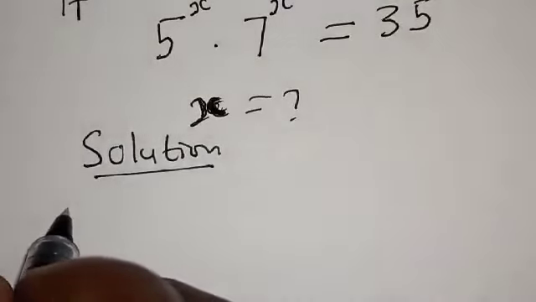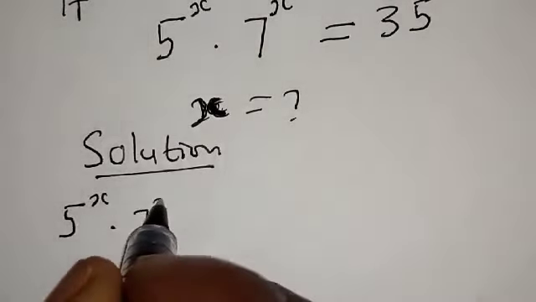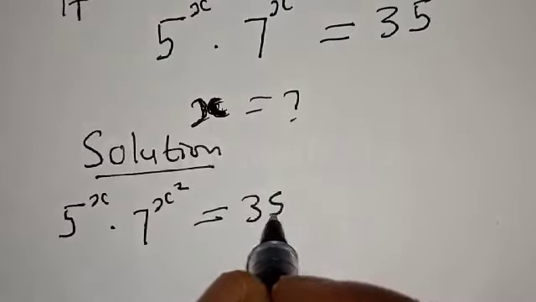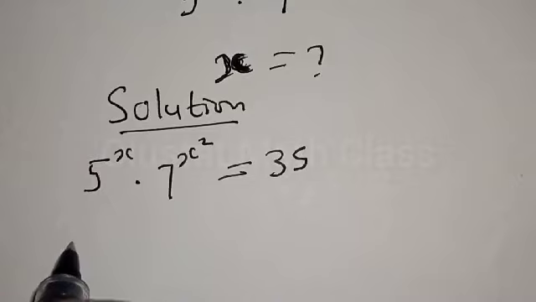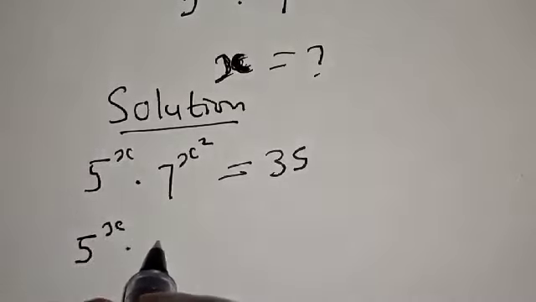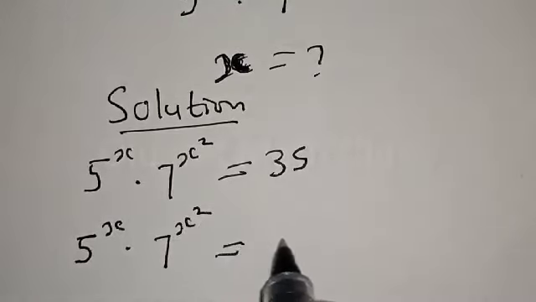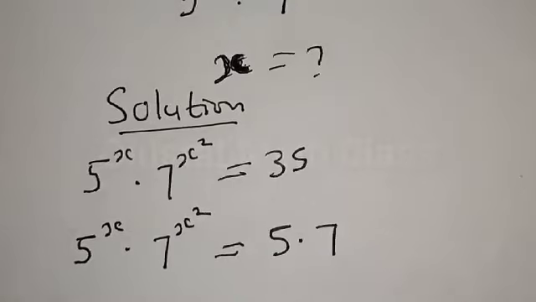Solution. We have 5 raised to power x multiplied by 7 raised to power x squared is equal to 35. This can be rewritten with 35 as 5 multiplied by 7.